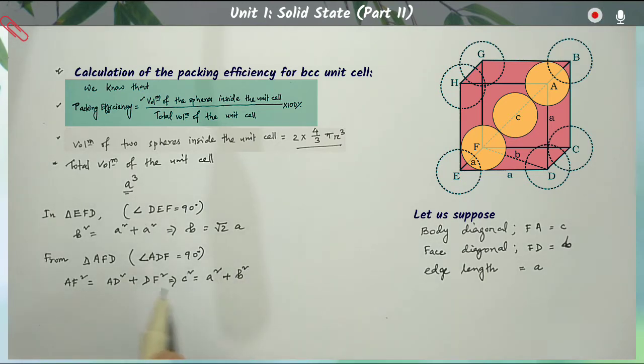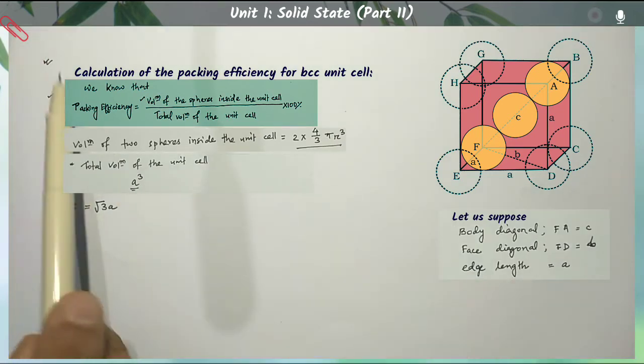Here we have the value of B is equal to root over 2A, so we can put this value here. So C square is equal to A square plus 2A square, which is equal to 3A square, or we can write C is equal to root over 3A.